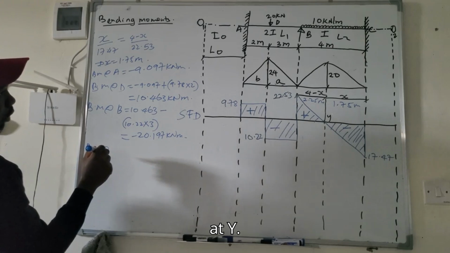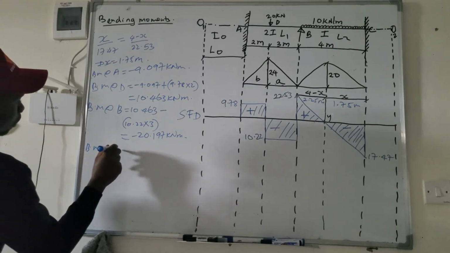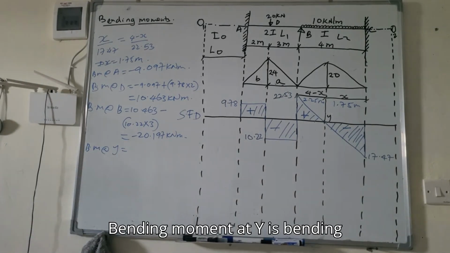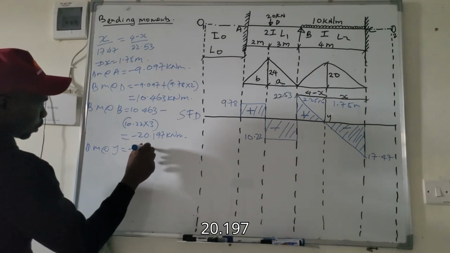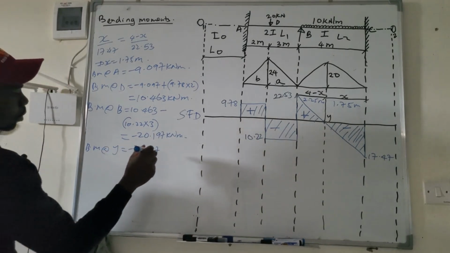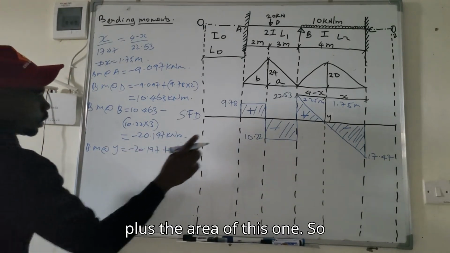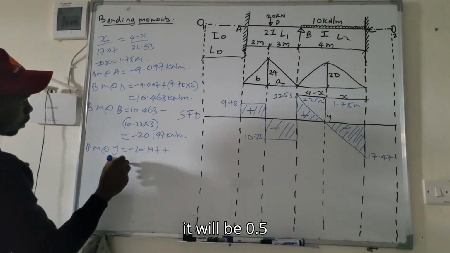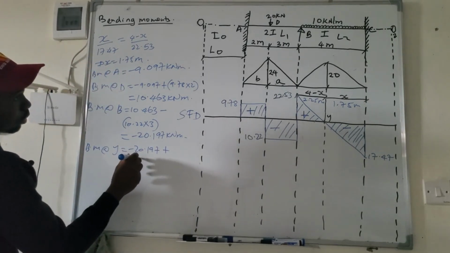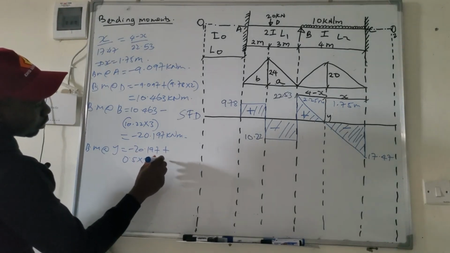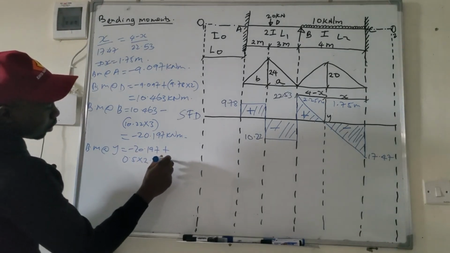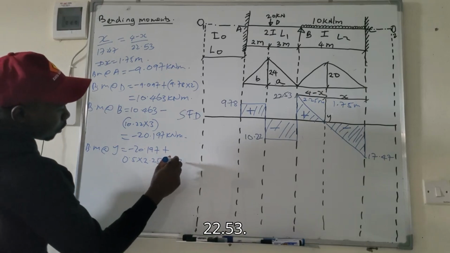And then bending moment at y. Bending moment at y is bending moment at B, which is negative 20.197, plus the area of this one. So it will be 0.5 times 2.25 times 22.53.